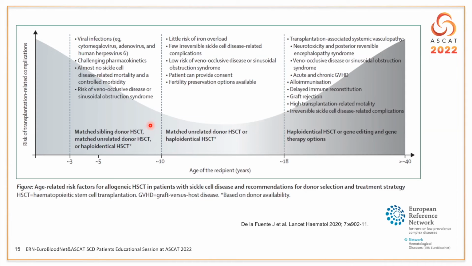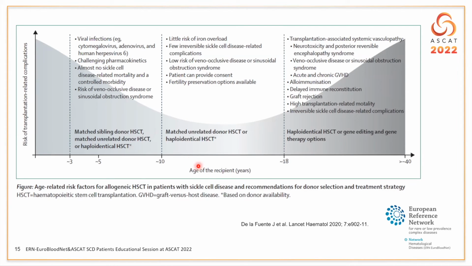The haploidentical transplant, the transplant performed from a partially matched family donor, a parent or a partially matched brother, has become in more recent years a very effective procedure. There are at least 2 or 3 different techniques that make this procedure feasible with very good results.